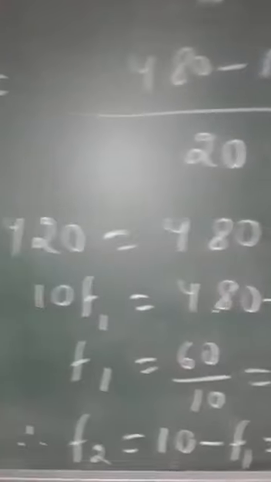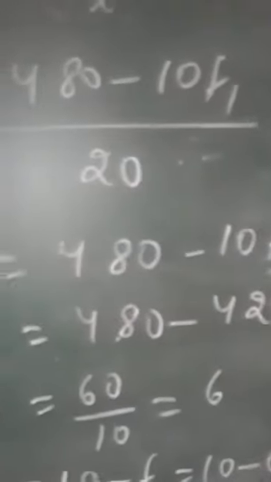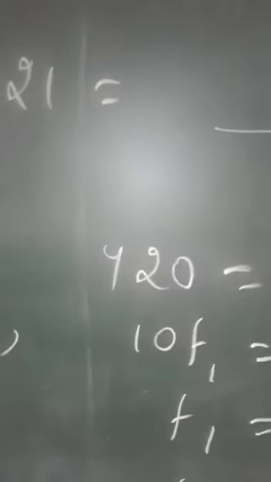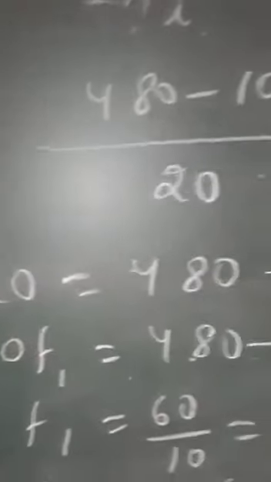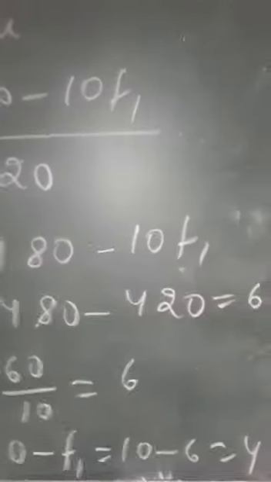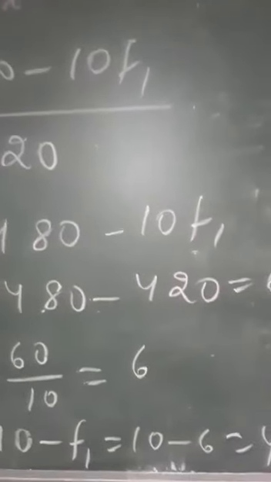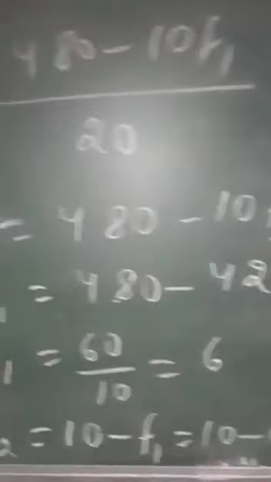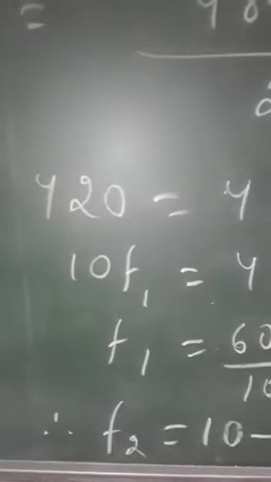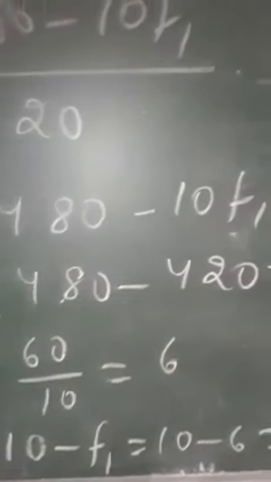When we simplify it by taking minus 10 f1 to the LHS, we get plus 10 f1, and when this plus 420 is taken to the RHS, it becomes minus 420. 480 minus 420 will give us the value 60. Now we have to find the value of f1. We will divide 60 by 10 to get the value 6.